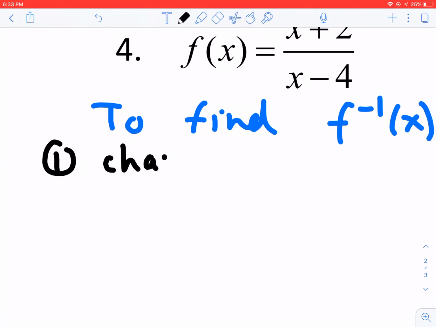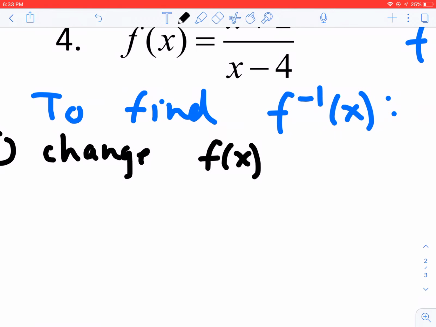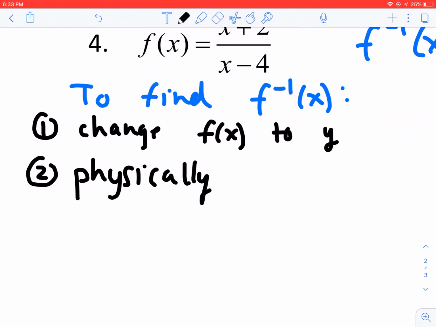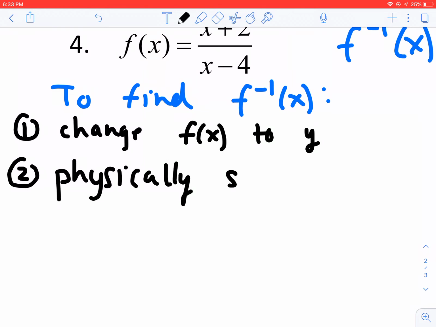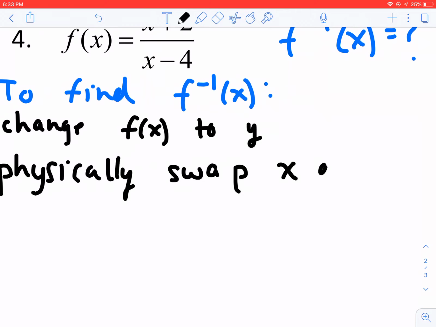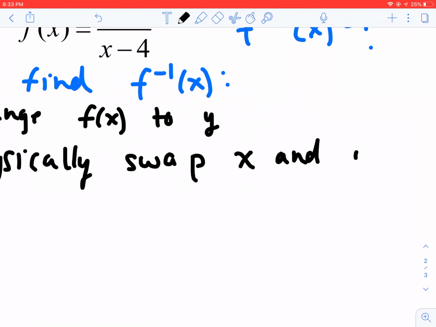So step 1 is we're going to change f of x to y. Step 2, we're going to physically swap x and y.